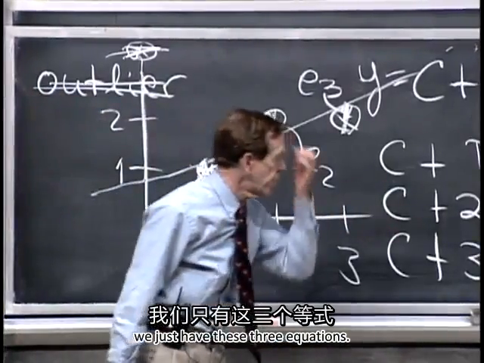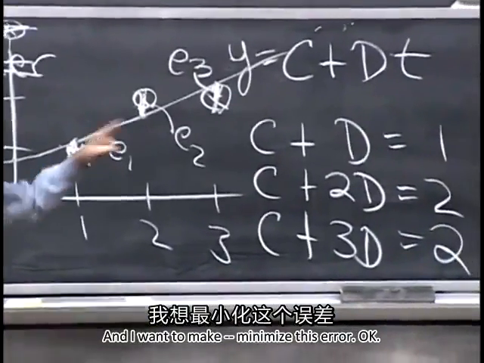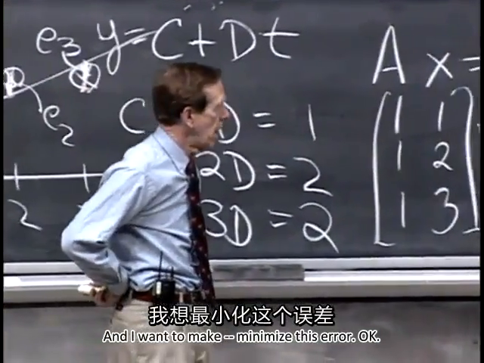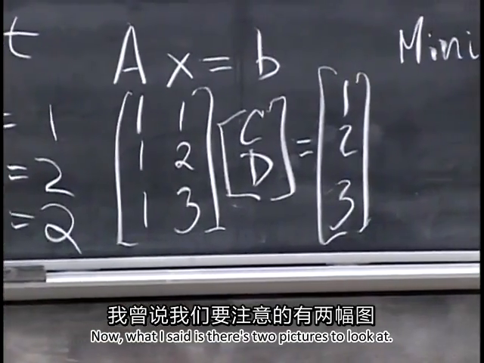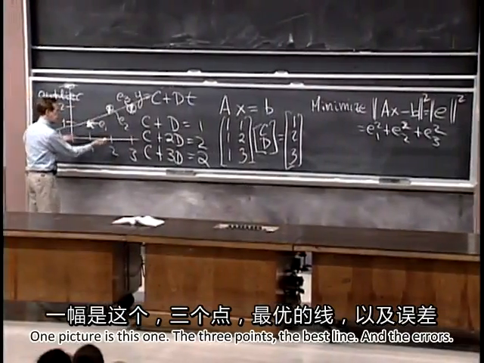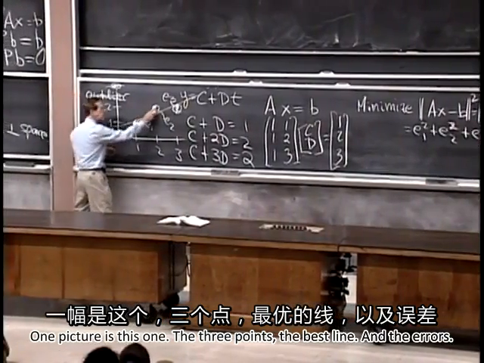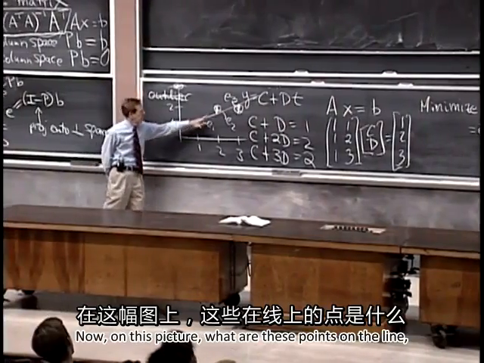We just have these three equations, and I want to minimize this error. Now, what I said is there's two pictures to look at. One picture is this one, the 3 points, the best line, and the errors.